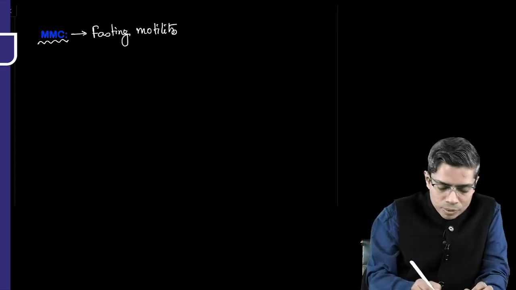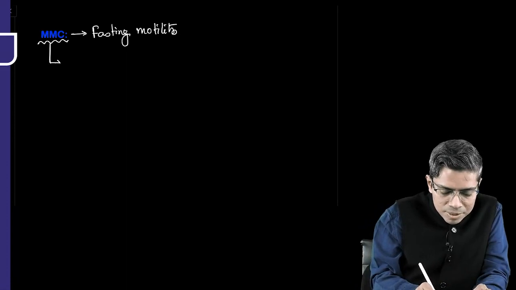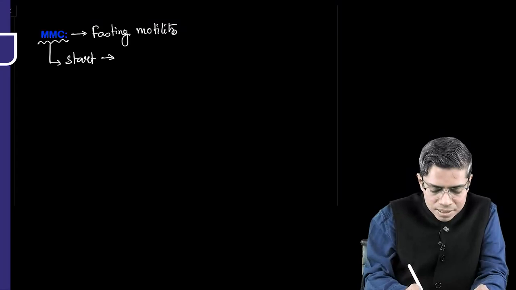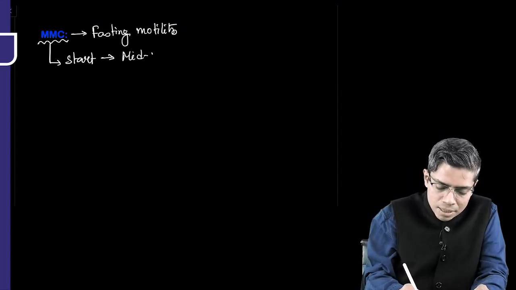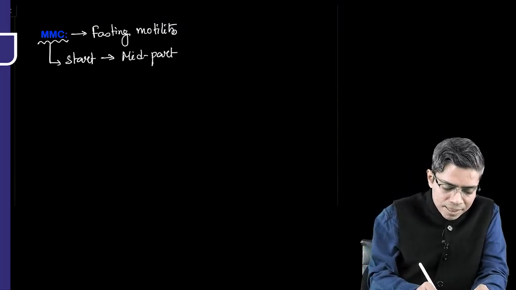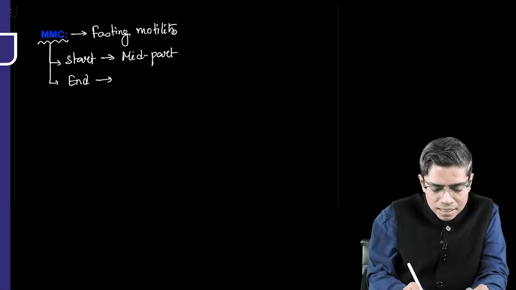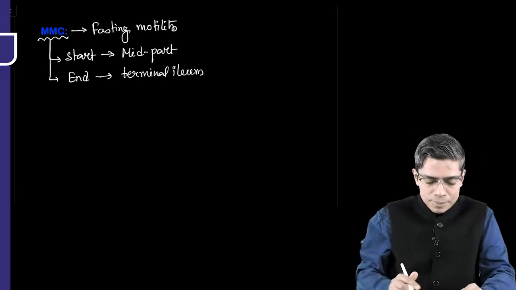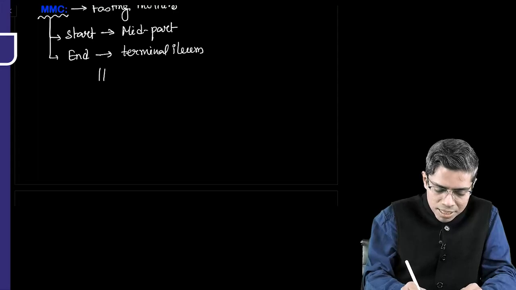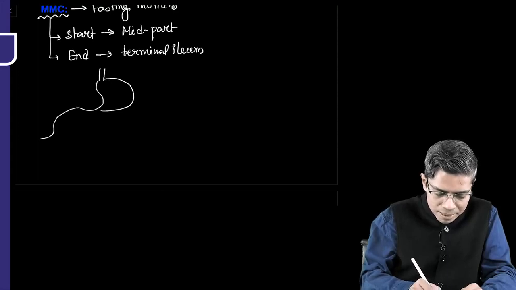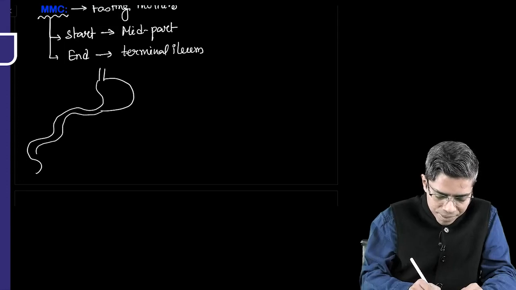Now, where is this MMC going to start? The start of MMC is seen from the mid part of the stomach, and the ending of this MMC is at the level of the terminal ileum. So if you look at the whole structure of the GIT, suppose this is the stomach and then this is the small intestine, okay?